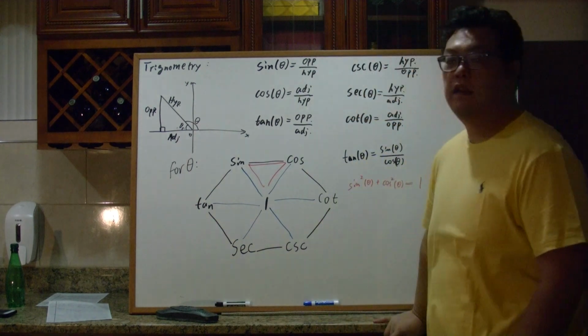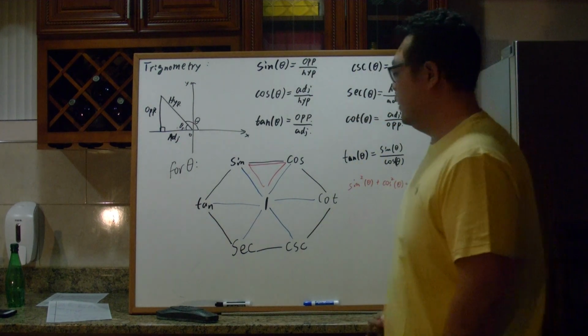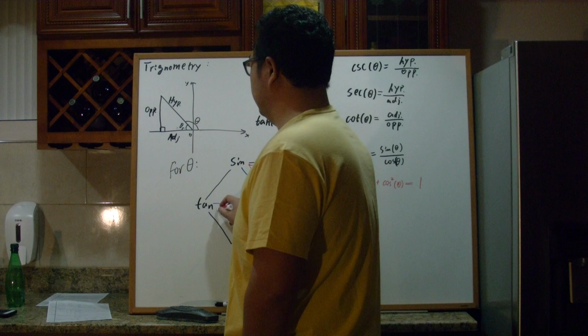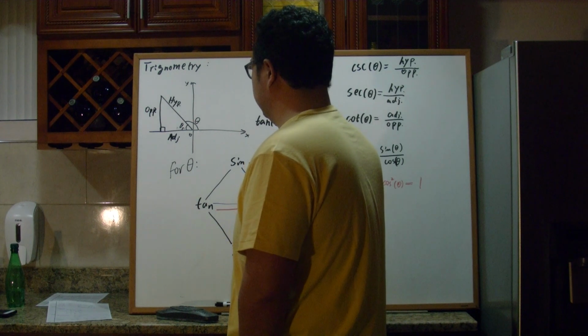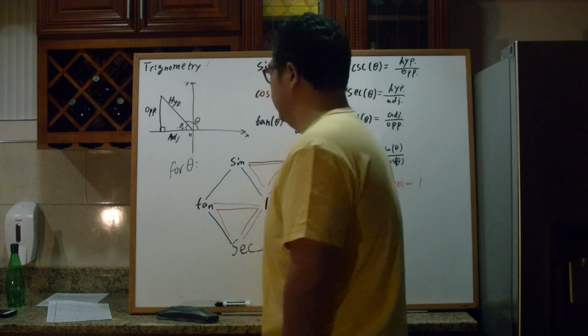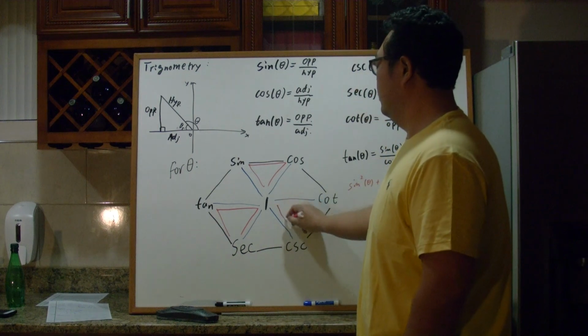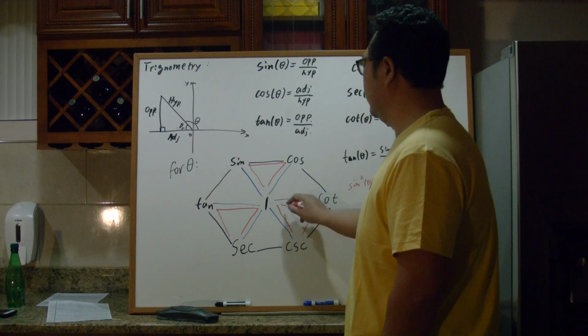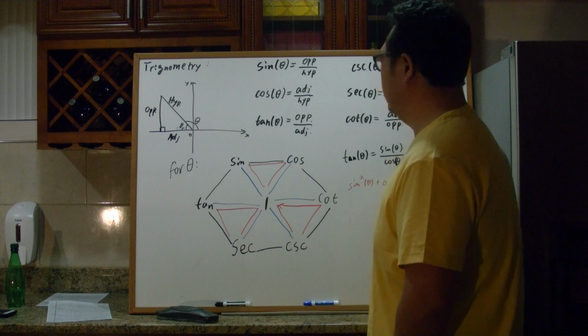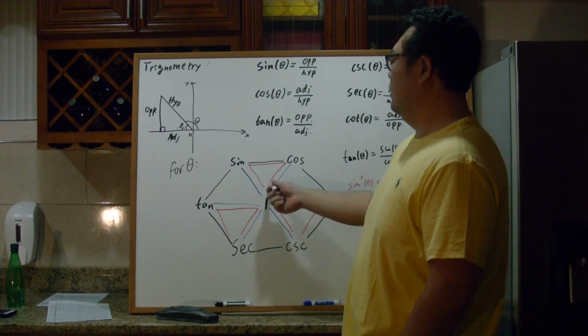gives the third one. And the two other ones we may use: 1 plus the square of tangent will give us the square of secant. 1 plus the cotangent square will give us the cosecant square.